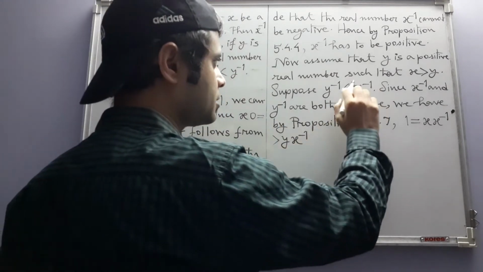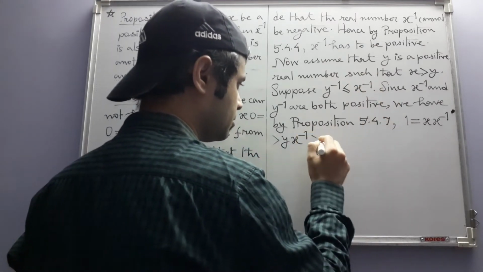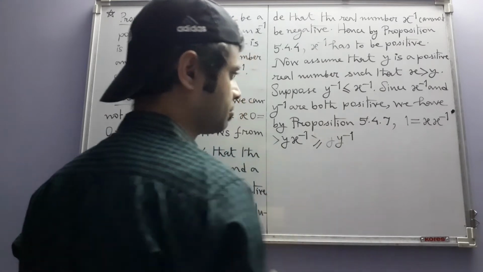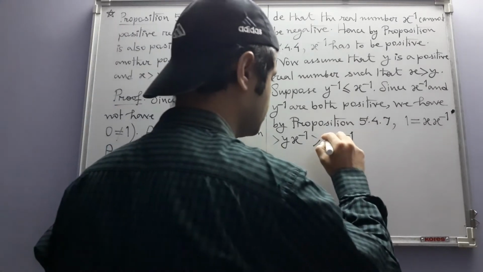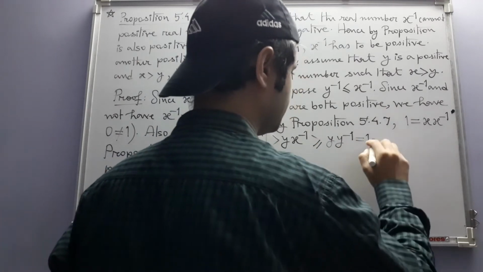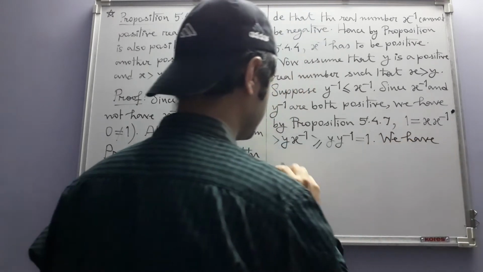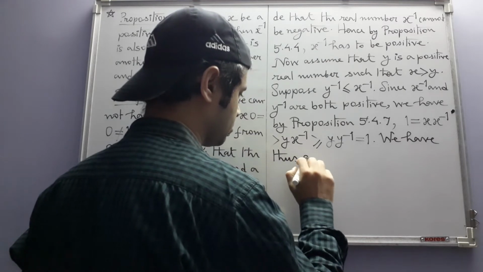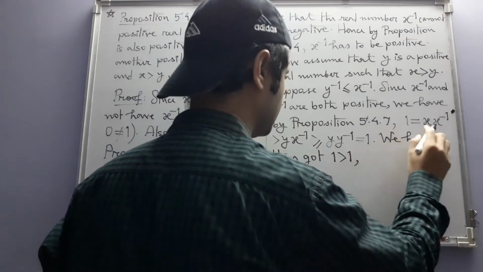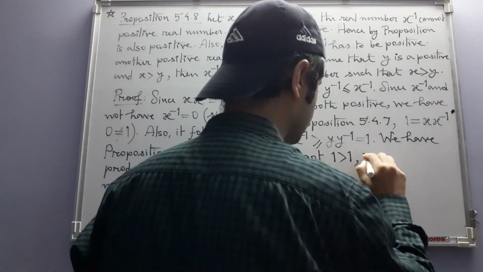Doing that, on this side we will have y times x inverse, that will be greater than or equal to y times y inverse. And just like x times x inverse is 1, y times y inverse is also equal to 1. We have thus got 1 strictly greater than 1. Note that here we have strict inequality.